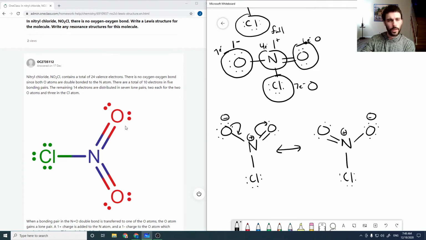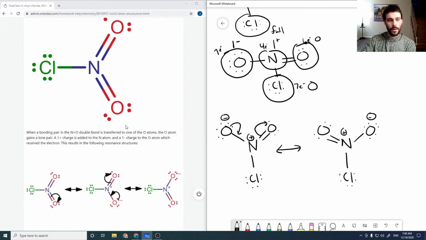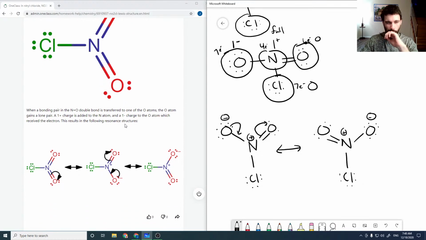So we counted up 24 valence electrons. I didn't ever check it, but I'm pretty sure all 24 are there. And how did we get, I guess, I wouldn't say we would be able to get that resonance structure, but that one's a bit far-fetched on the left, because now nitrogen has 5 bonds, which is a bit out of this world for nitrogen.